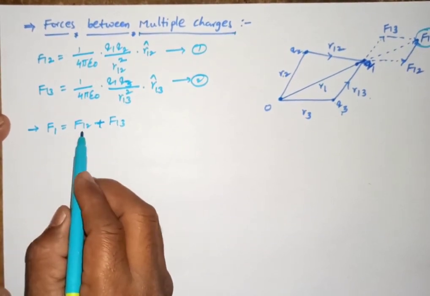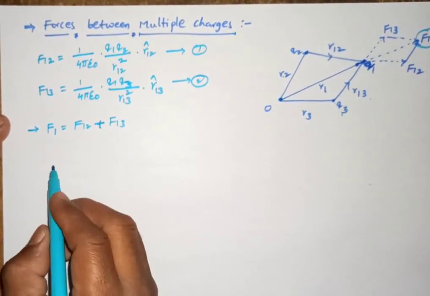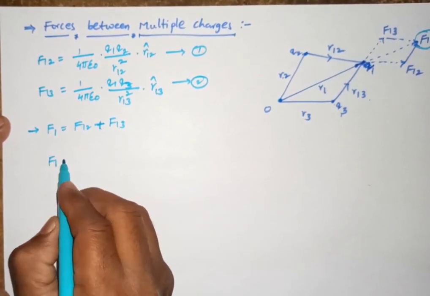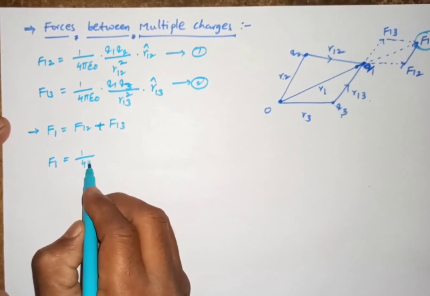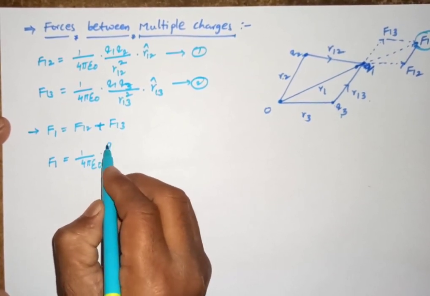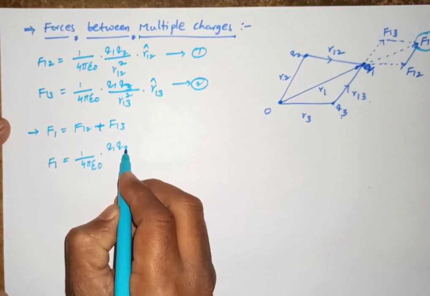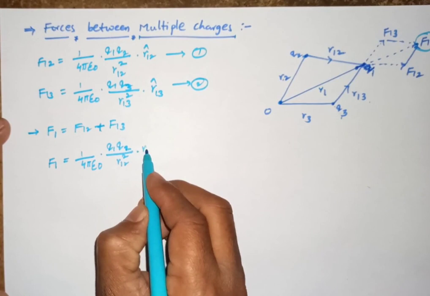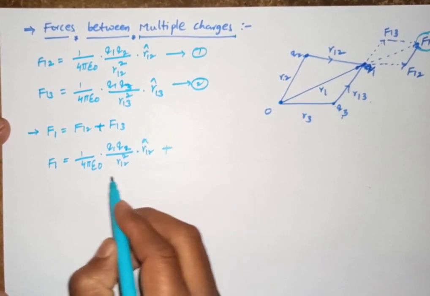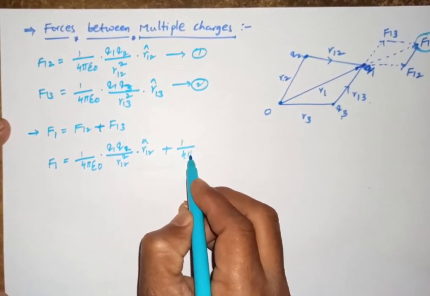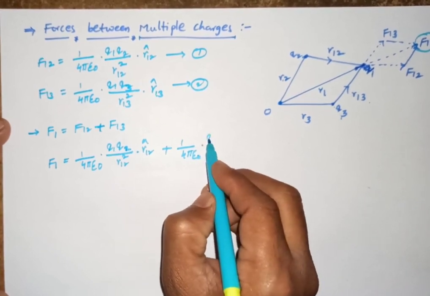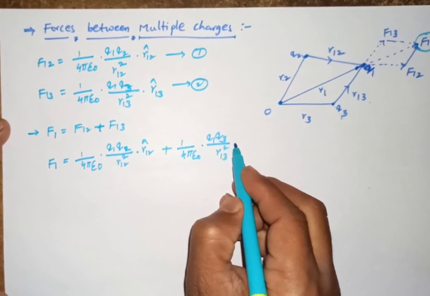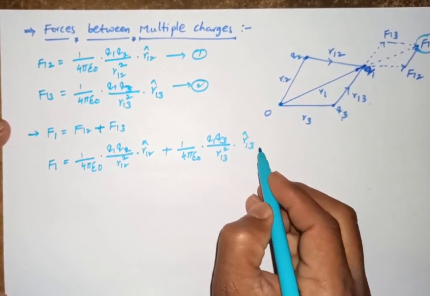So F1 equals 1 by 4 pi epsilon naught into q1 q2 by r12 square into r12 cap plus 1 by 4 pi epsilon naught into q1 q3 by r13 square into r13 cap.